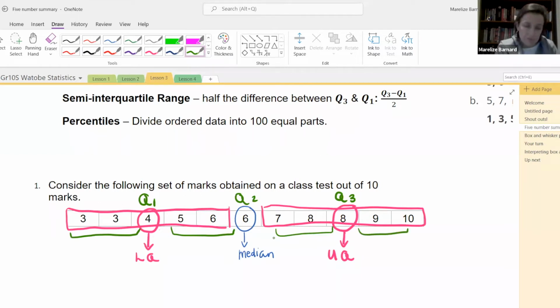Okay, so now there is this thing called the interquartile range. Does anyone know what the value of the interquartile range is?